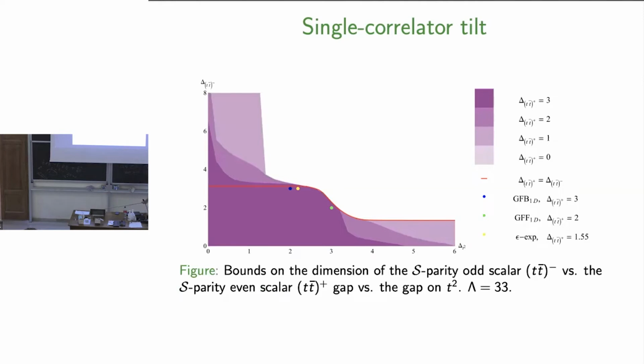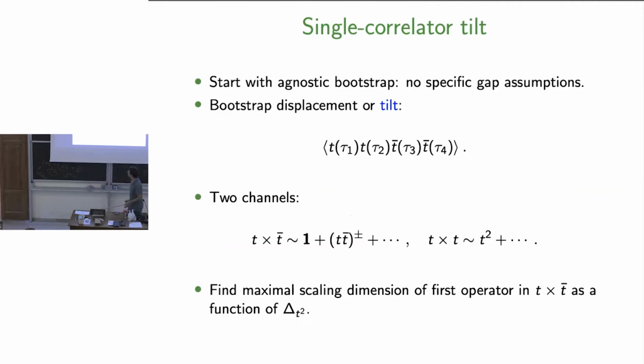So the idea is the following: we put upper bounds on the conformal dimensions of the operators that appear in these channels. And if you're not familiar with the bootstrap, the idea is that there is an operator which has dimension delta, some value, and then in the numerics we assume a continuum of operators.